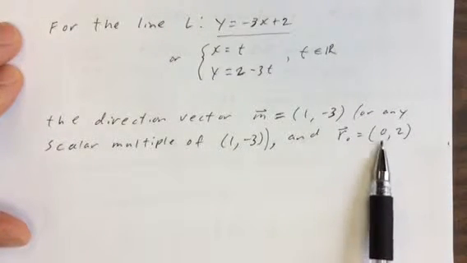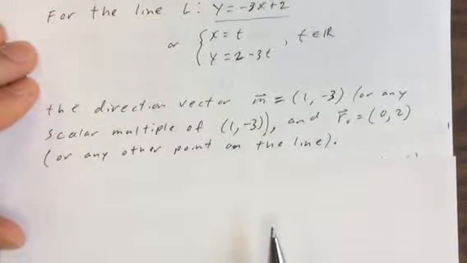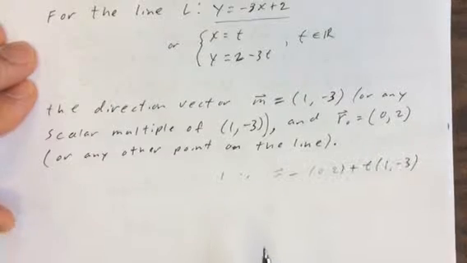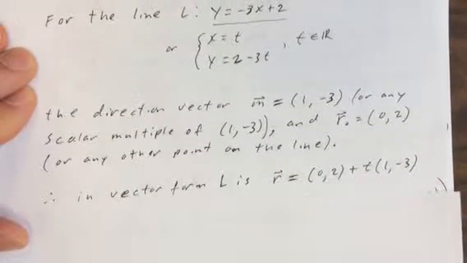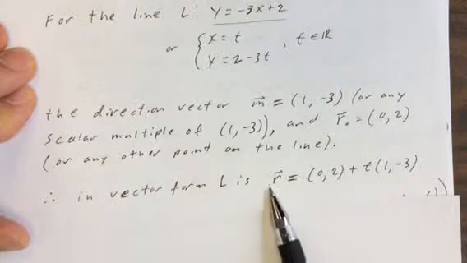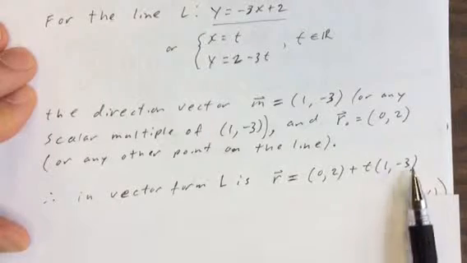And r naught is some point on the line, so it's 0, 2 in this case, though any other point on the line would have worked. Then we can write the vector equation of that line L as r, or x comma y, equals 0, 2 plus t times the vector 1, negative 3.